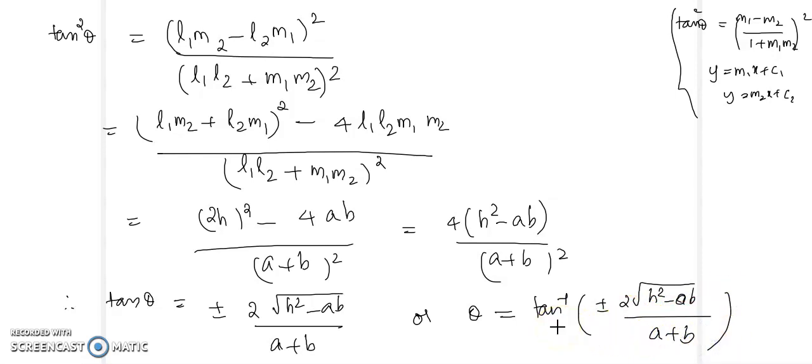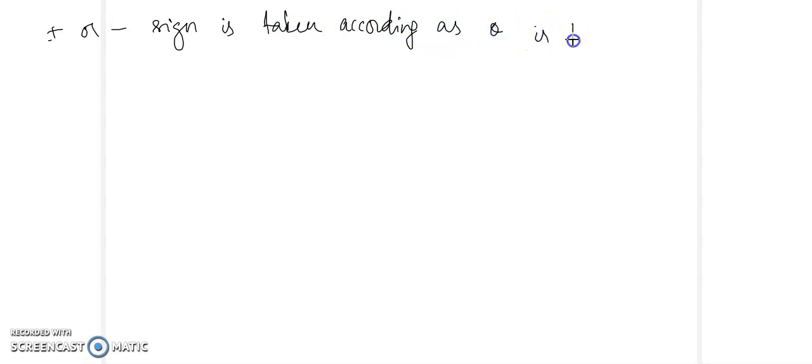So that is the required angle between the lines, and the plus or minus sign is taken according as theta is the acute or obtuse angle between the lines, depending on what you have to find.